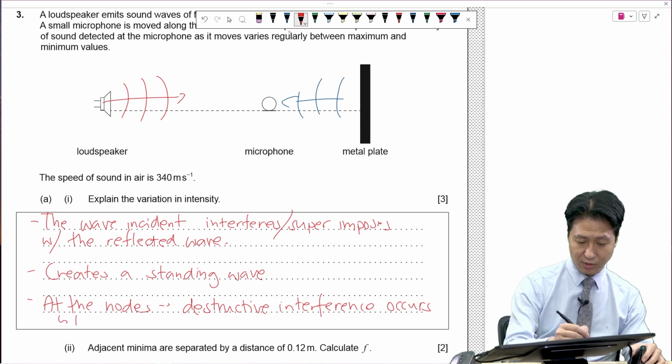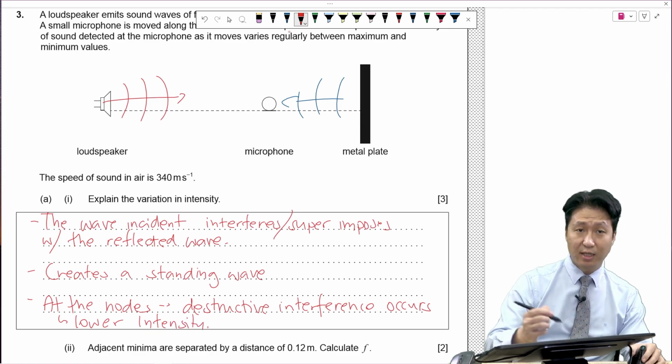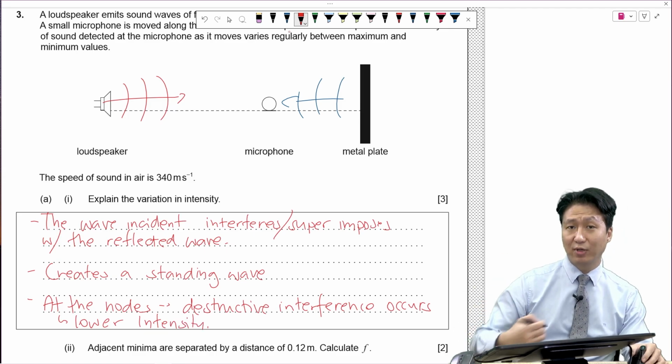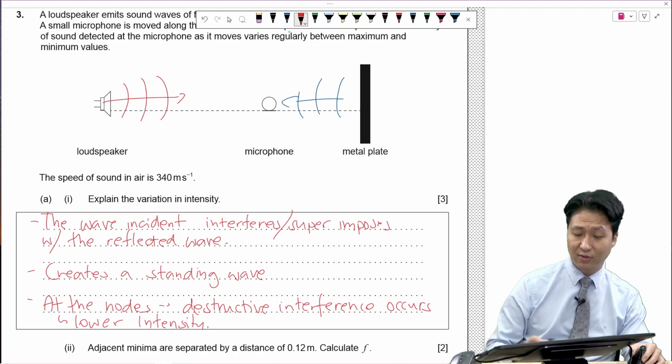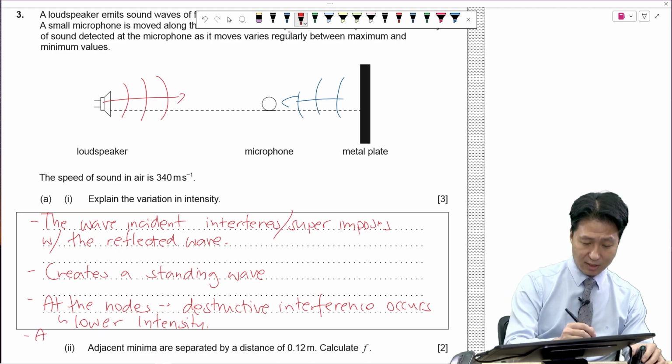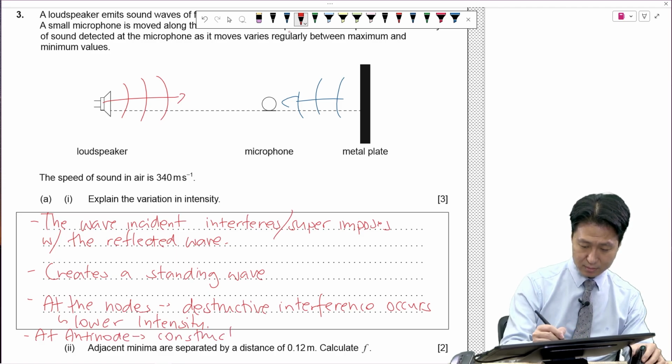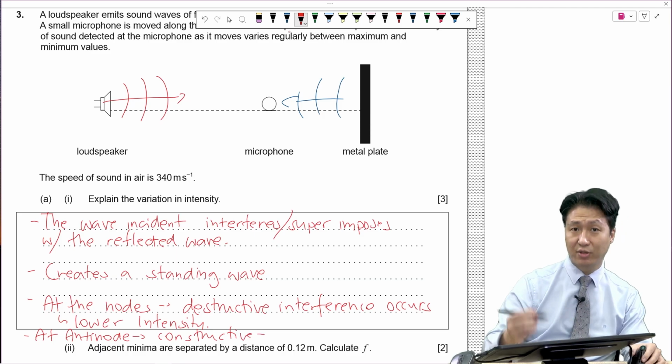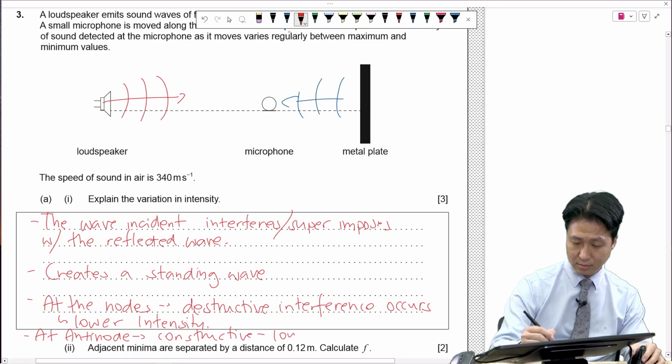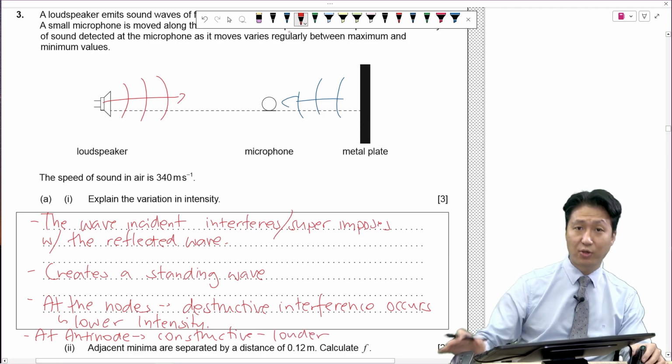So it means lower intensity or volume. And at the antinodes, you have maximum intensity because it's constructive interference. So at antinodes, constructive, so it's louder or higher intensity.